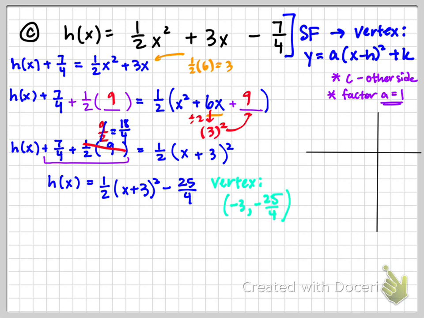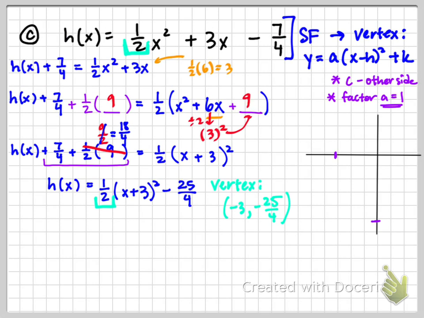We look at the a value of this vertex form. We're at 1/2. It should be the same a value of our standard form. It is. It's also 1/2. It's positive, therefore that means it's pointing upward. So we have -3, -25/4 somewhere on there. Again, it's a sketch, not a graph. As long as you label the point, you're solid.